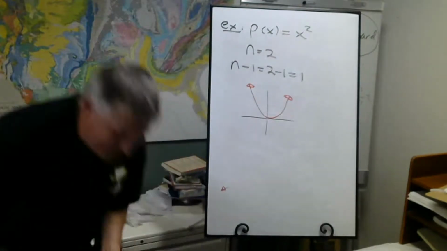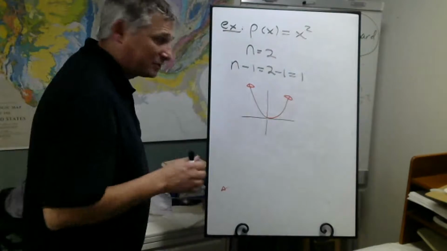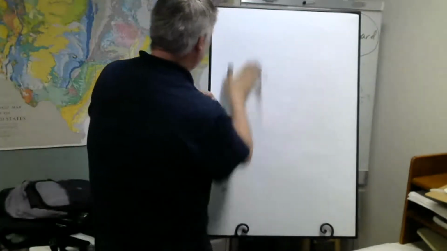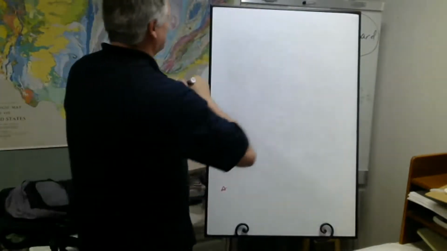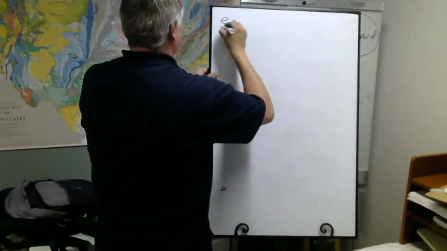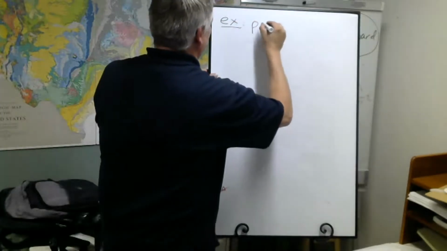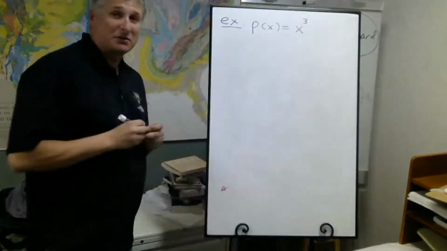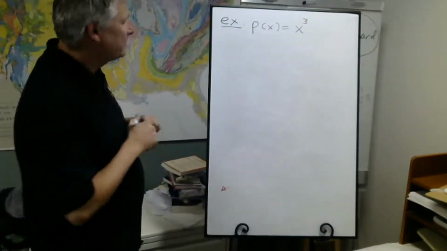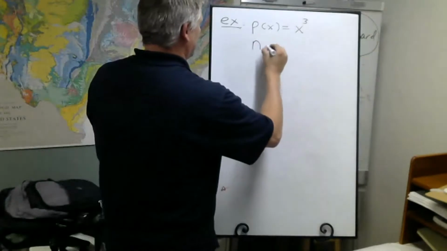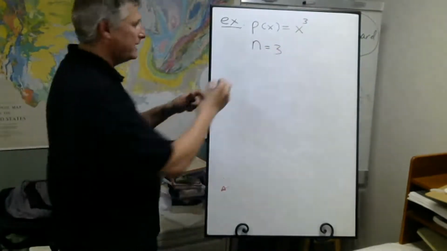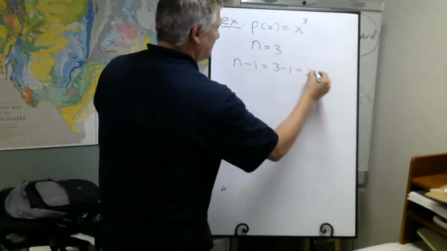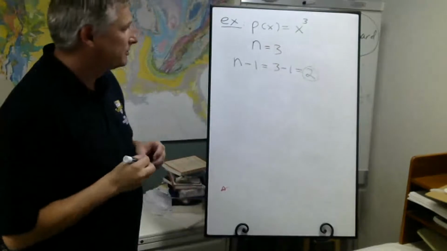Now, one that doesn't do this is x cubed. Take a look at this one. So we've got x cubed. Now, n in this case is 3. So n minus 1, this could have at most 2 turning points.